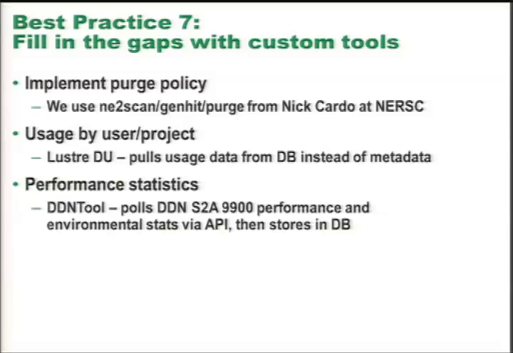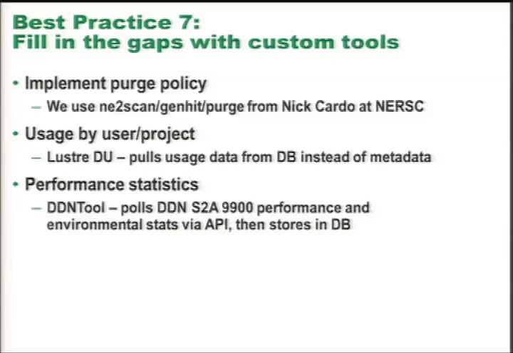We also have some software that's really neat, Lustre DU, which allows users to query a database for their usage information by the username or the project, so that they can get that information quickly rather than going out and fetching the data from metadata, in which case they may be sitting there waiting for who knows how long, if they ever get a response back.